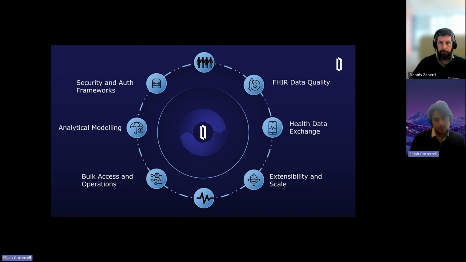So when we're designing the FHIR server, there are 5, 6, 7 or so core themes that we're really looking at. So firstly, security and authorization. This is an integral part of any interoperability at scale. So FHIR does have established implementation guides for interoperating between certain health systems.